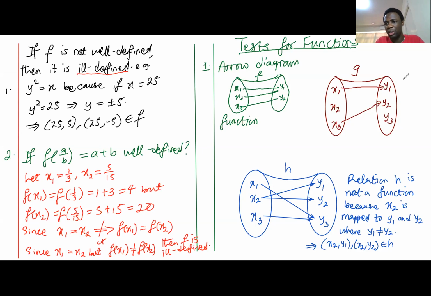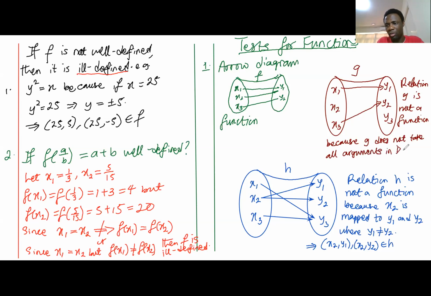So relation G is not a function because G does not take all arguments in the domain of G. X2 is left out.